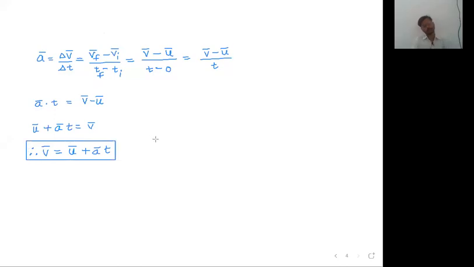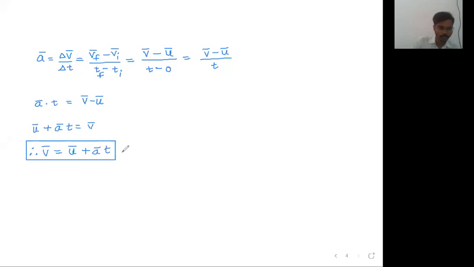Reply in the chat box up to this clear and written. v bar is equal to u bar plus a bar into t. All right, fine.